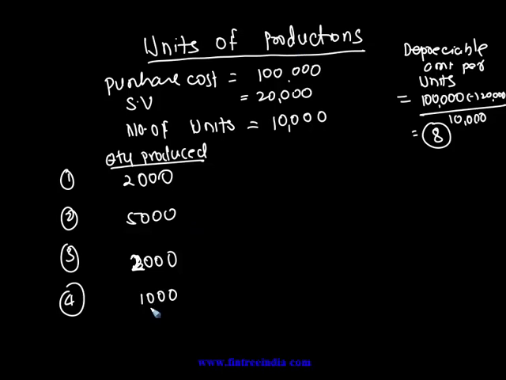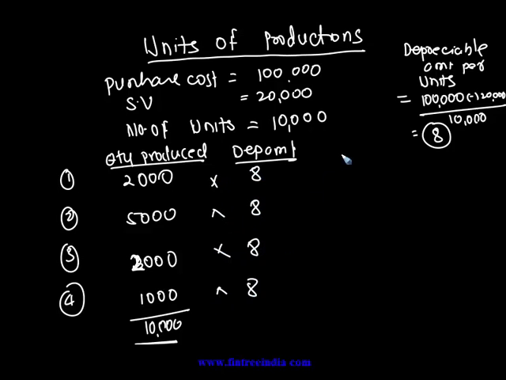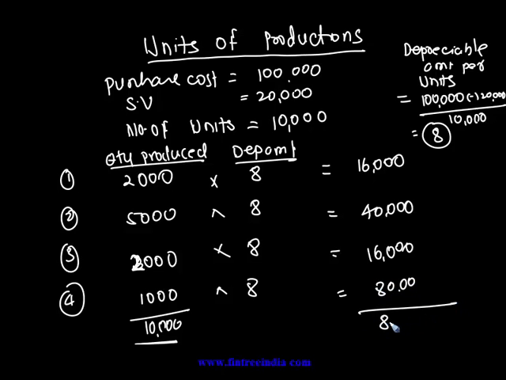Now if you observe this, the total of these has to be 10,000 units. So you would multiply that with the depreciable amount for each of the years. This is multiplied by 8, 8, 8 and 8. So that will give you the amount of depreciation. First year 16,000, second year 40,000, third year 16,000, then 8,000, and total depreciation 80,000.